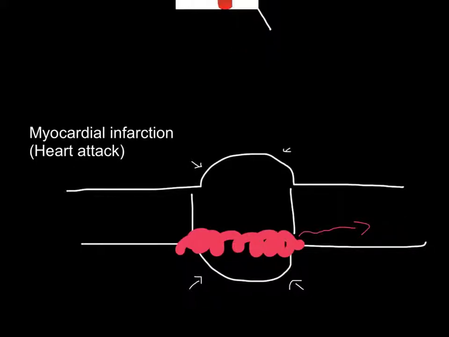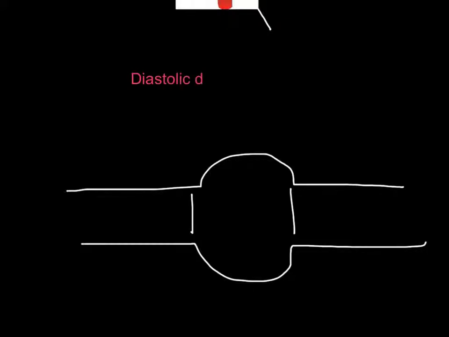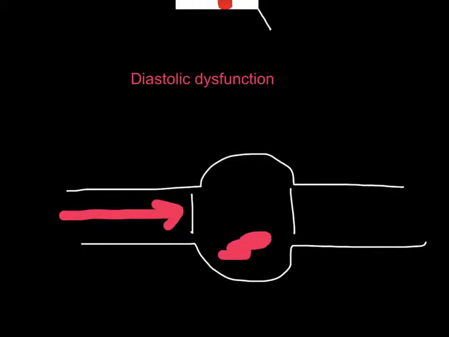In diastolic dysfunction, we have a similar situation where not enough blood can leave the heart and supply the body. And what happens here is blood comes along normally, fills up the heart, but there's already a lot of space in the heart that's been taken up.